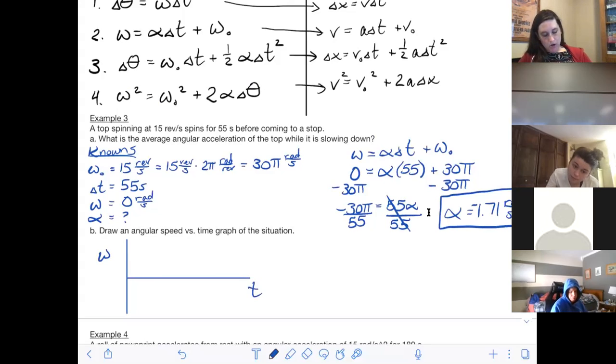And we know that we started with an angular speed that was positive. It was about 30 pi. And we know that it ended at 0, right? So at 55 seconds, our angular velocity was now 0.